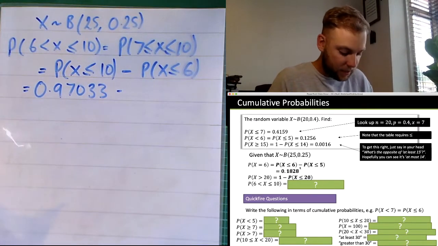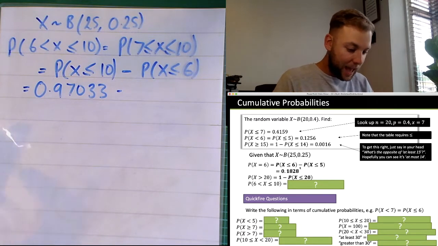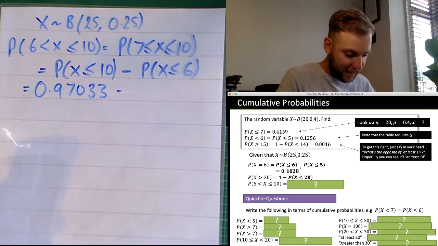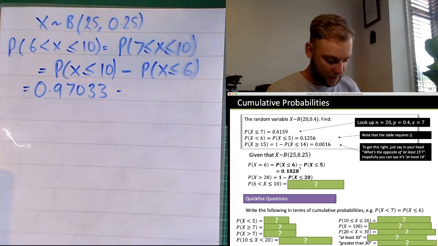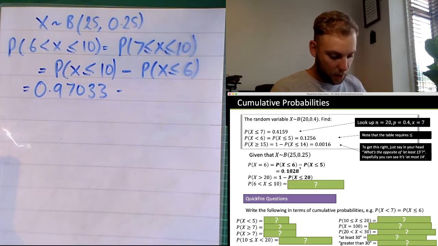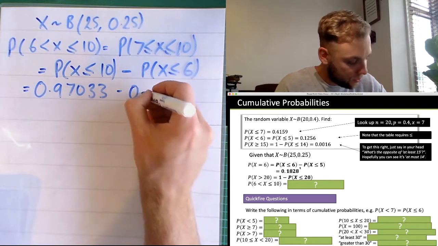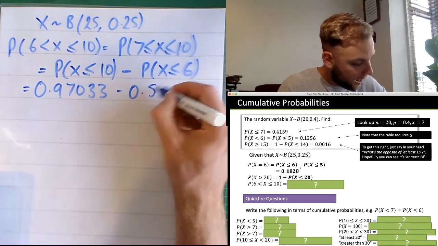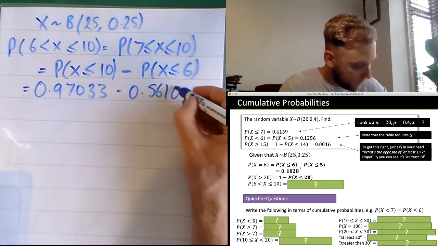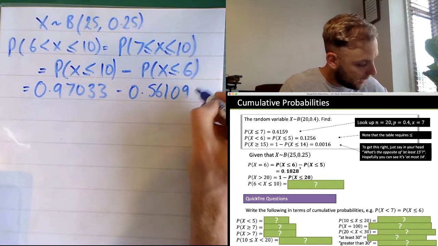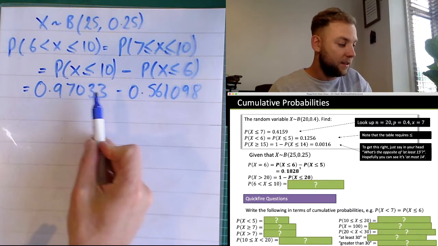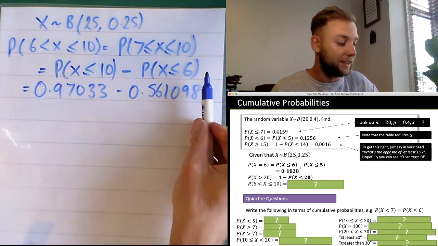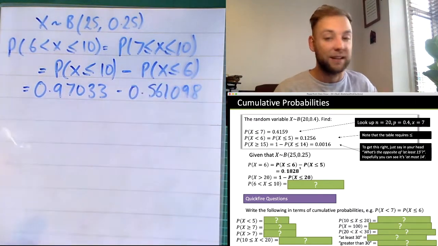Then I need to get rid of this one, so I press AC to go back. X is now going to be equal to 6. Remember, CD means less than, so it's everything which is less than or equal to that. Press equal, so minus 0.561098. So this is everything which is less than or equal to 10, subtract everything which is less than or equal to 6, which leaves me with everything between 7 and 10.